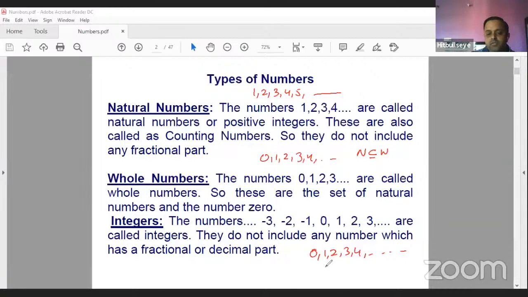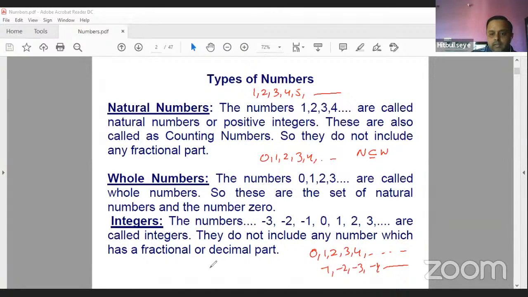So negative of 1 is -1, -2, -3, -4, etc. If I take these numbers also, we will get the set of integers, that is, the set containing whole numbers as well as their negatives. So natural numbers start from 1, 2, 3, 4, 5. If I add 0 to that set, I will get the set of whole numbers. And for integers, if I take the negatives of the whole numbers, then I will get the set of integers.